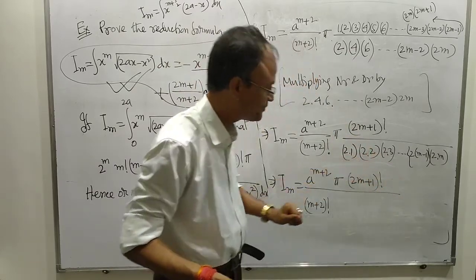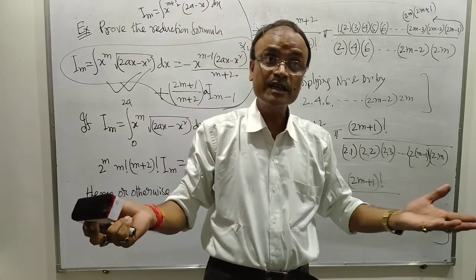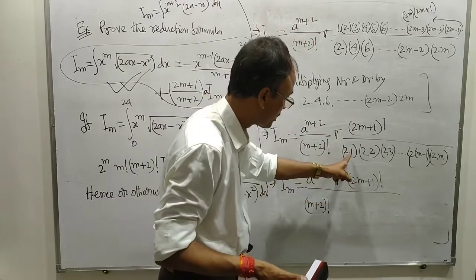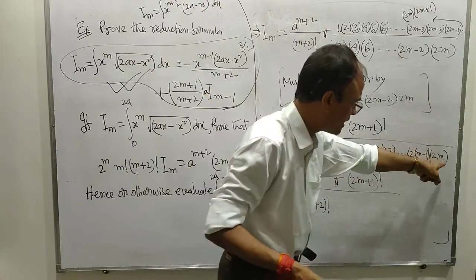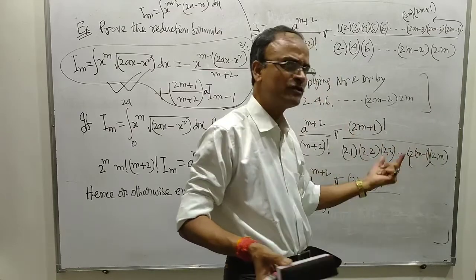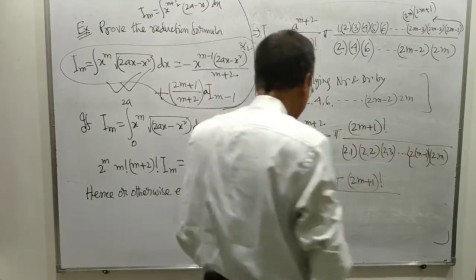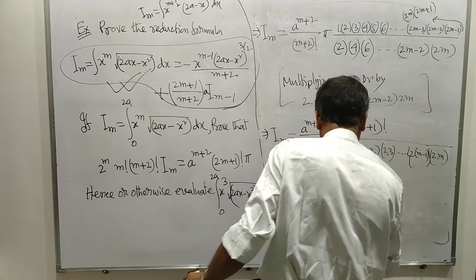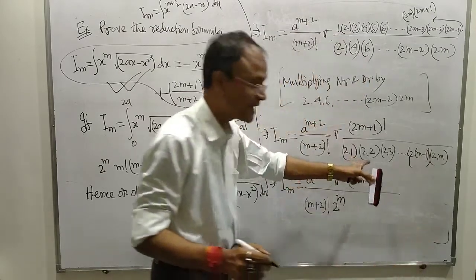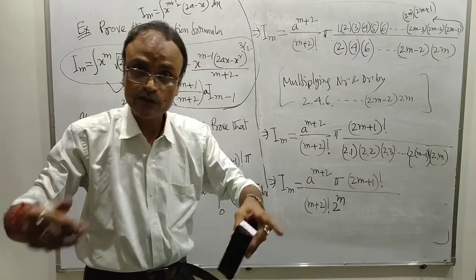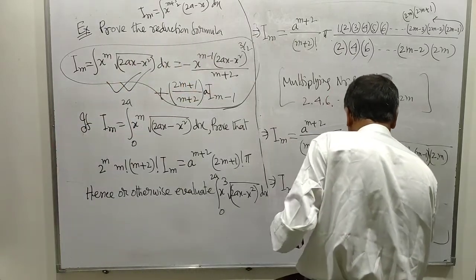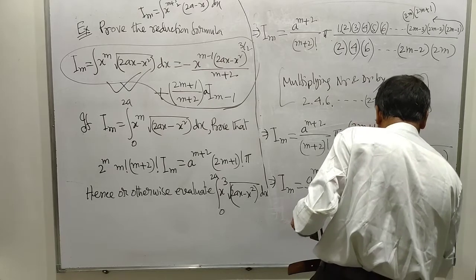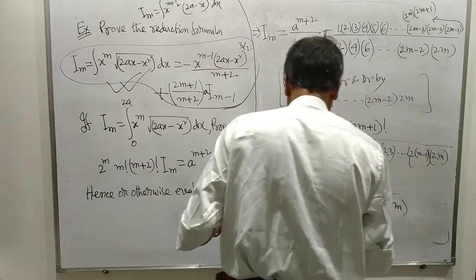In every term, how many 2's are there? Starting from 2 into 1, 2 into 2, up to 2 into m, there are m 2's. Therefore, it will be 2 to the power m. And in the bracket you will get 1 into 2 into 3 into up to m. You may write like this.